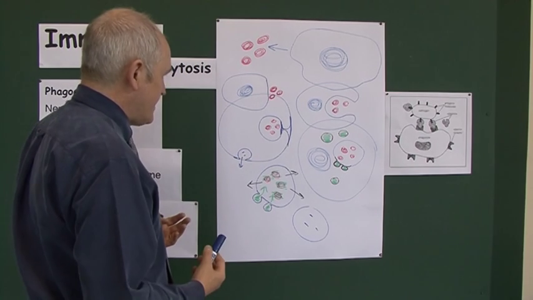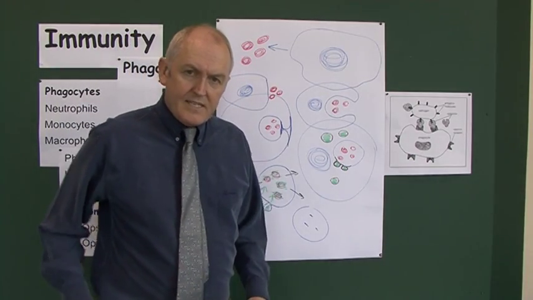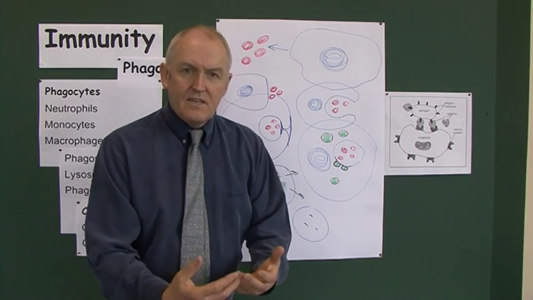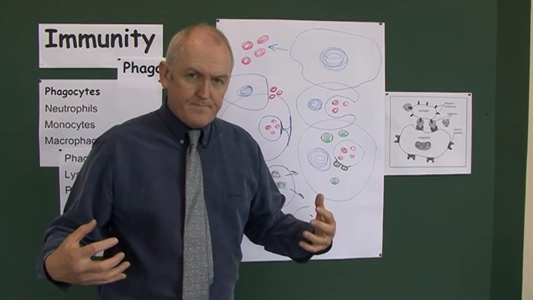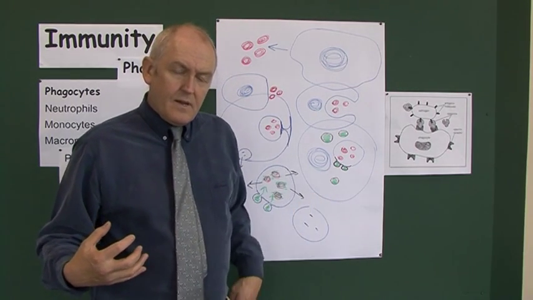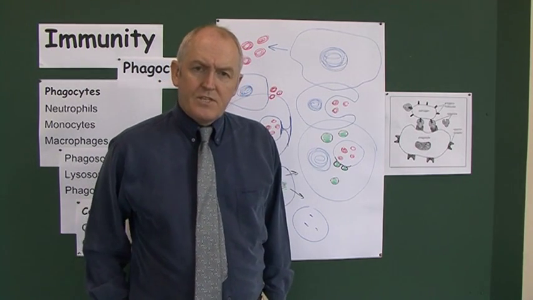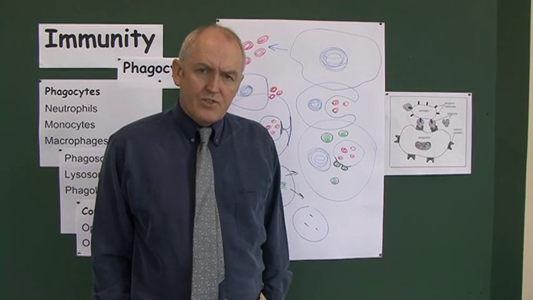So really good mechanism, phagocytosis. Bacteria and dead tissue cells are ingested, digested, the bacteria are killed, the nutrients are absorbed. And this works particularly well because the immune system labels bacteria which need to be destroyed.